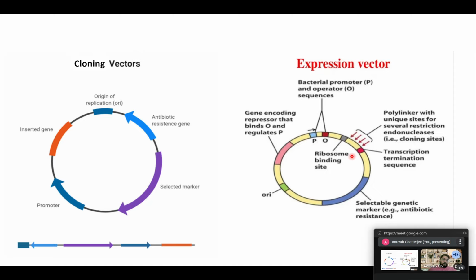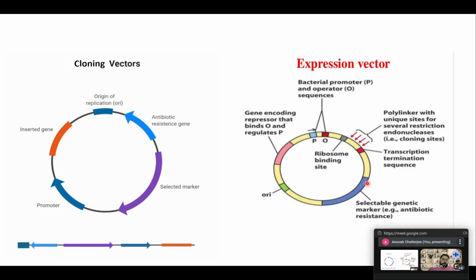Similarly, you should have a transcription termination site so that the mRNA gets terminated at a particular point. You do not want the entire thing to be transcribed. You should also have an AUG, which is the start codon, and a stop codon present in the coding sequence so that you have translation working in your system.